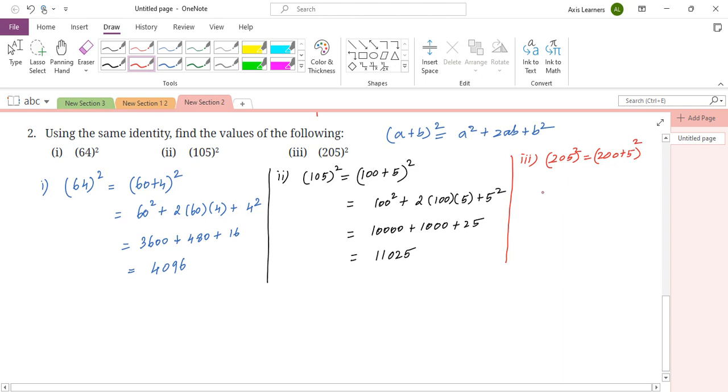What will come? 200 square plus 2 into 200 into 5 plus 5 square. 200 square is 40,000. 40,000 plus 2 into 200, 400, 400 into 5, 2,000. 2,000 plus 5 square, 25. If you add it, what will come? 42,025. Look at this, we have used this identity to expand it. This one is very simple. We completed it.